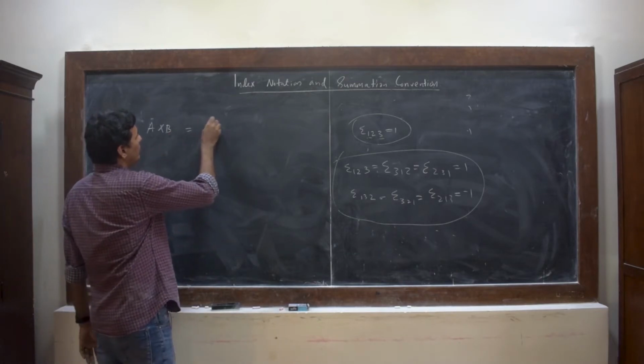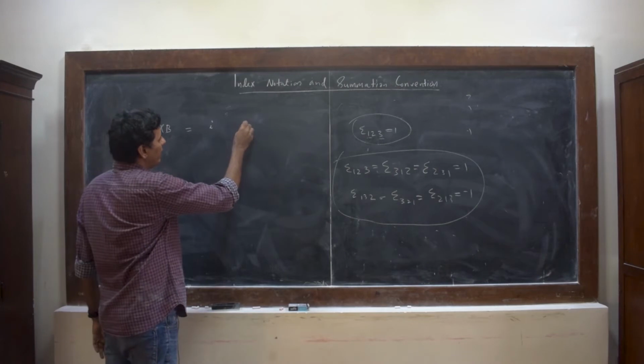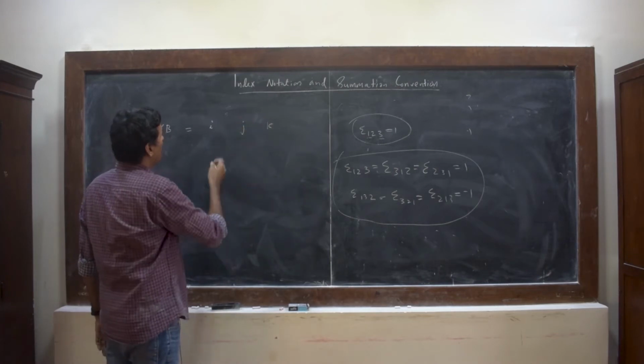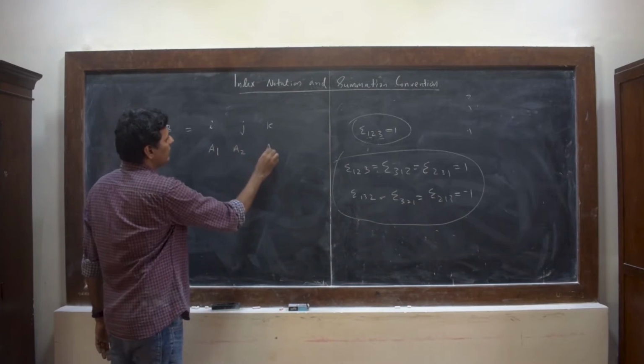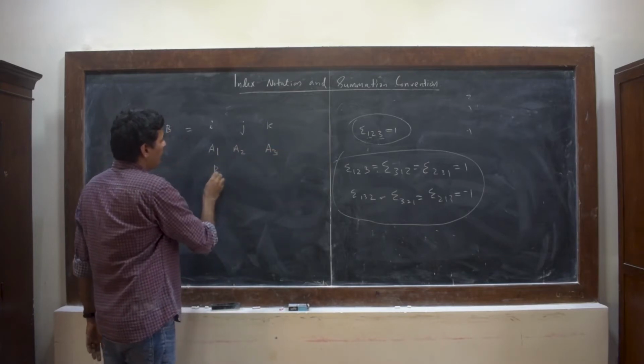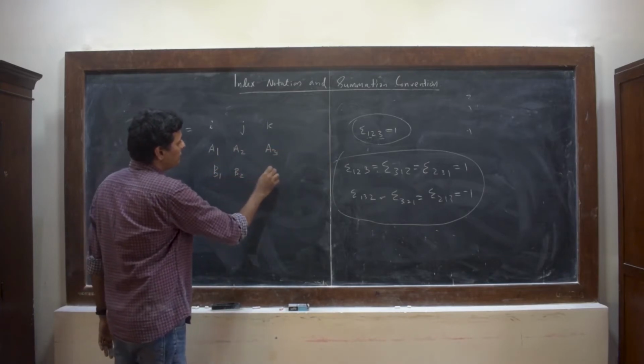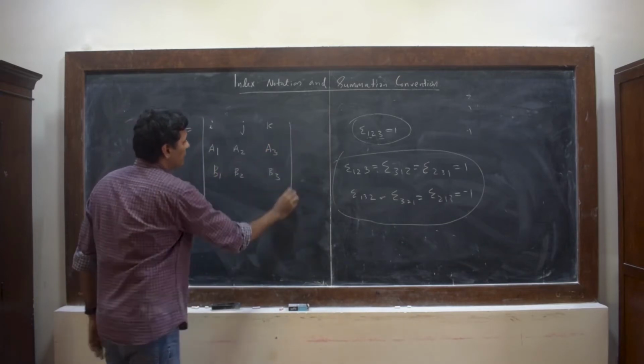So you have a method of writing that with i, j, k, and then A1, A2, A3, B1, B2, B3. Okay.